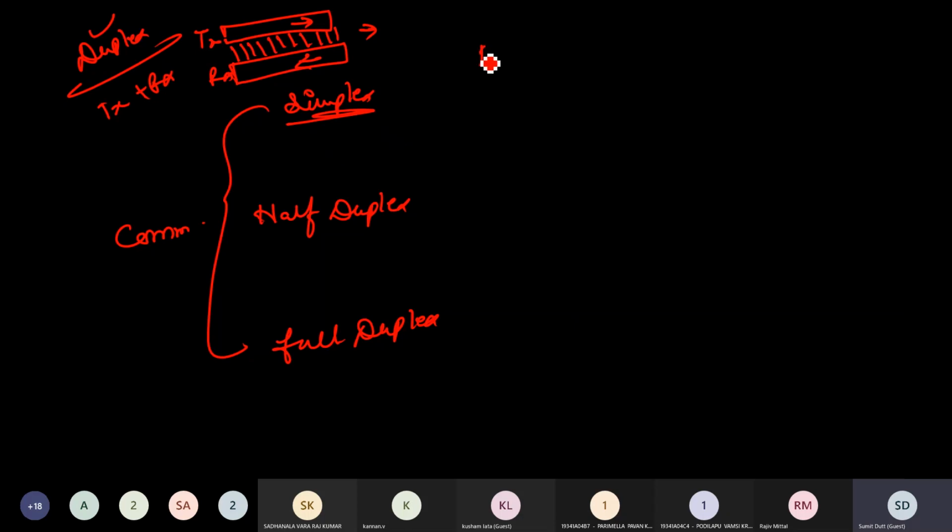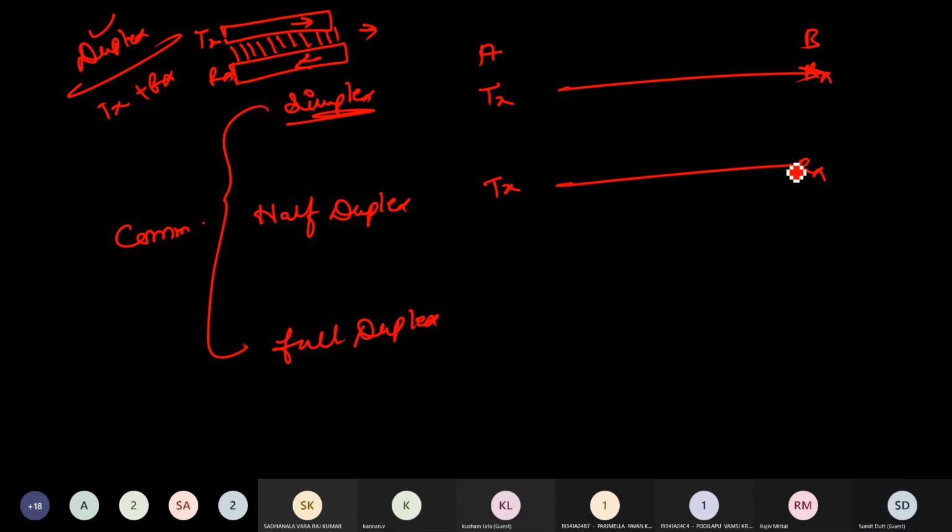Simplex means, let's suppose there are two nodes A and B. A can transmit, B will only receive, and there is one physical link, one physical path available, right? If you say half duplex, A can transmit and B will receive on one physical path, let's say path 1, and B can also transmit and A will receive on the same path P1.